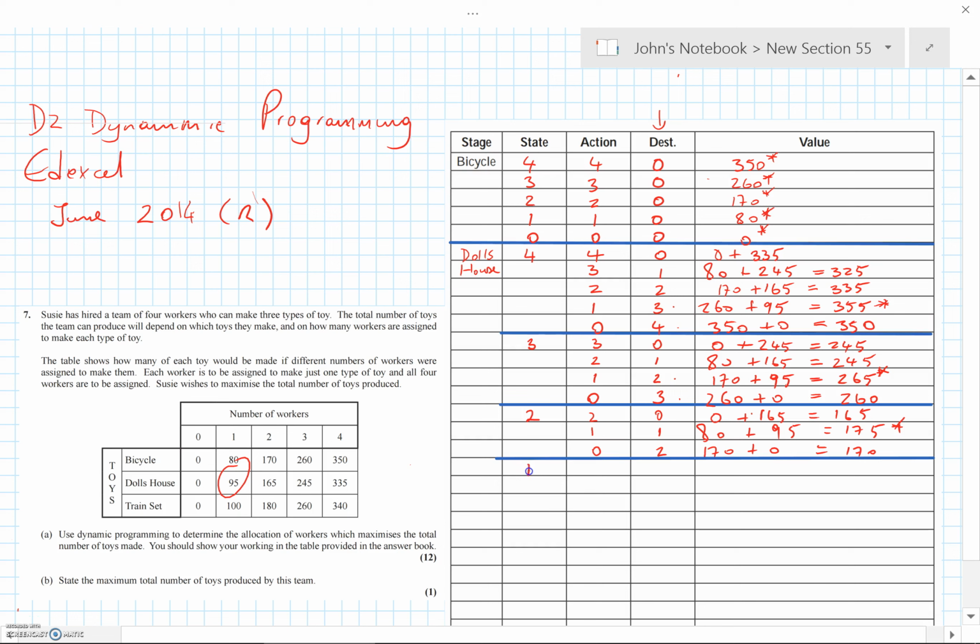We've now got the state of 1 to do. If there's only one worker available for Doll's Houses, then obviously that one person could work on Doll's Houses, in which case they would not be available for the next stage. Or no one could do it, in which case 1 would be available. Now, we've got a destination of 0, so we're pulling down the 0 from before here.